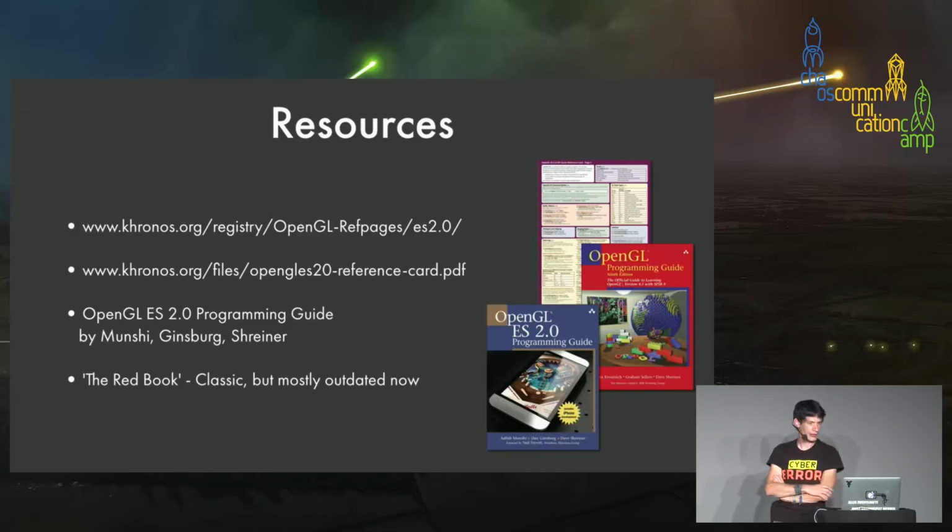There's a book called OpenGL ES 2.0 Programming Guide, which I find very useful to give you an overall view of the whole thing. And there used to be the Red Book, the Bible, OpenGL Programming Guide, which is now a bit outdated, unfortunately, but might still be worth a look. That's it. Thank you very much.